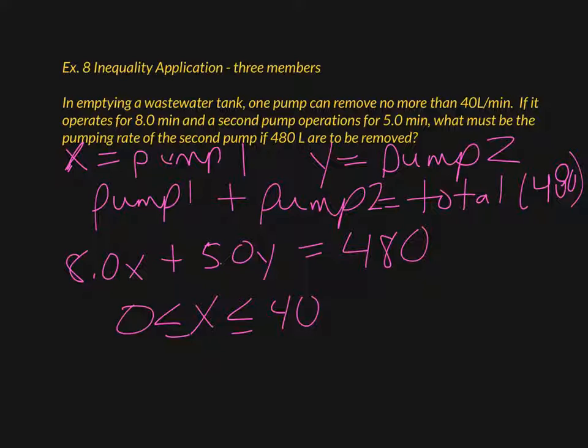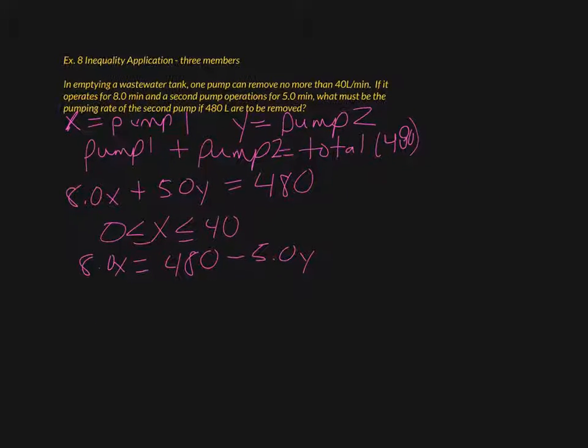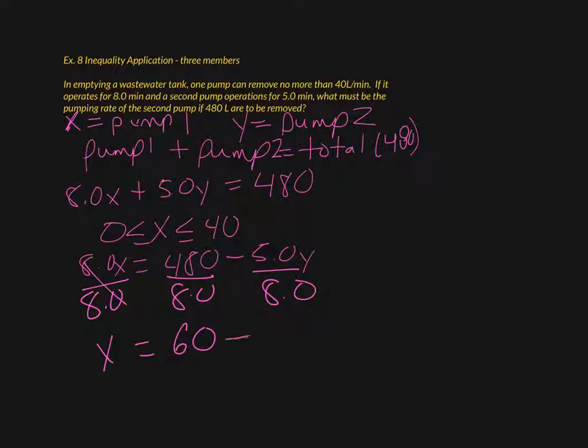So let's go ahead and solve our equation for x. Minus 5y to both sides, and you've got 8x equals 480 minus 5y. Divide both sides by 8. So x equals 60 minus 0.625y.